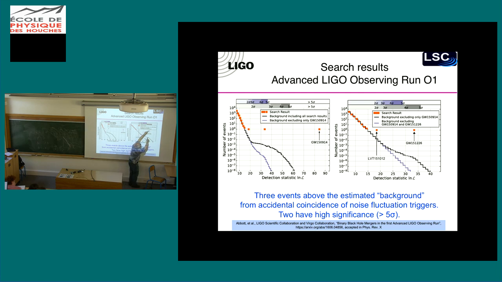But it's still loud enough that we can declare its signal and remove it, and left with this. And then our third event, it doesn't matter whether we've removed it at all or not. Does that make sense? It's not easy to estimate the background in non-Gaussian noise. You have to do it from the data. You can't do it from any analytical or numerical way. You have to do it from the data.